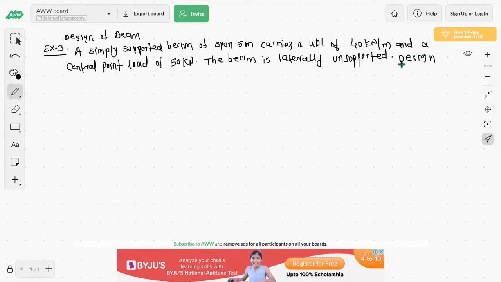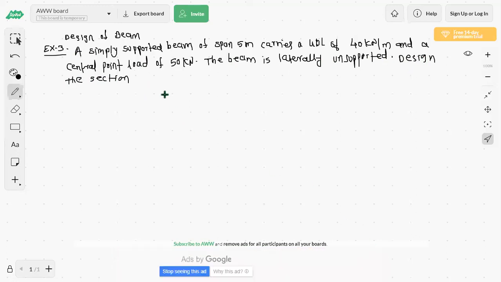Design the section for shear and deflection. Full stop.